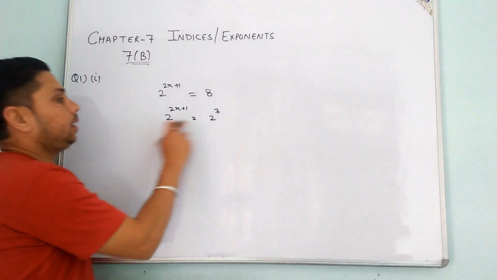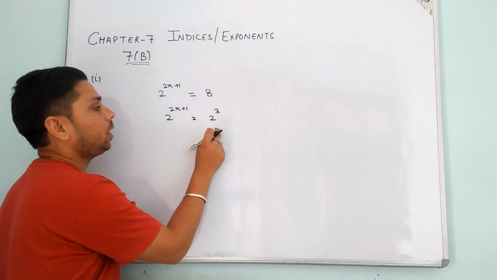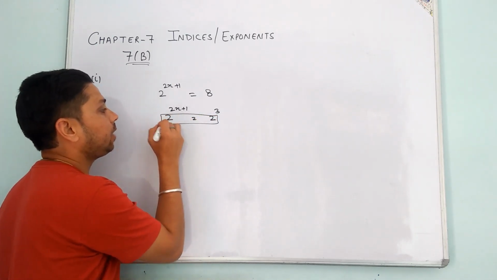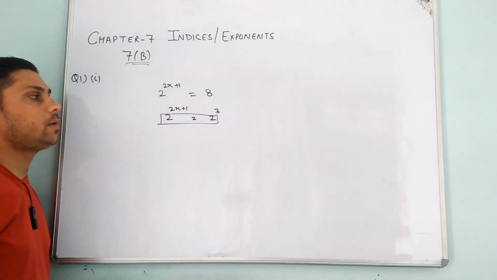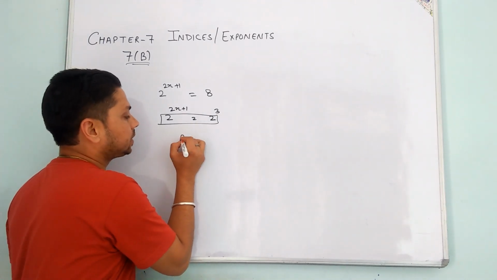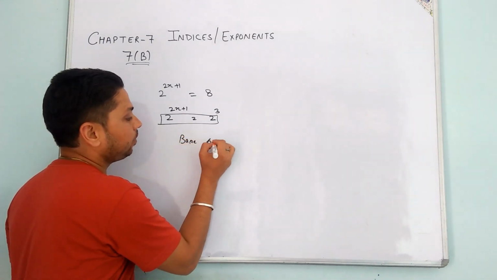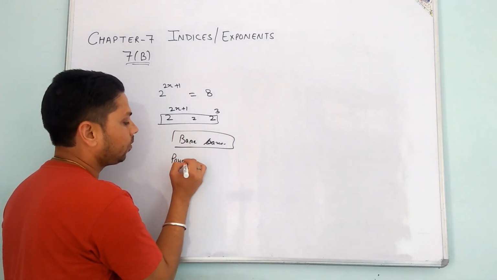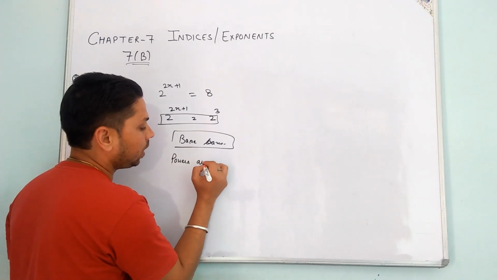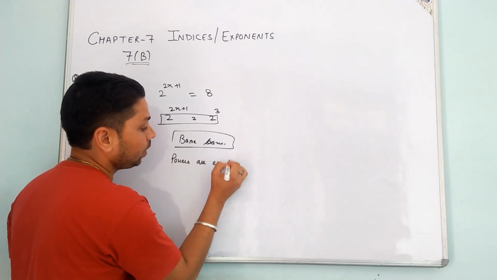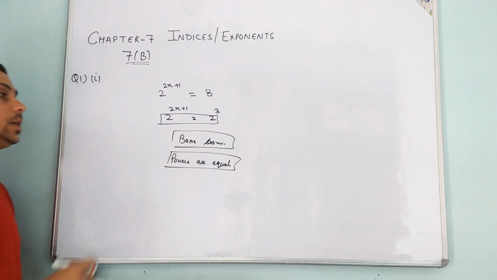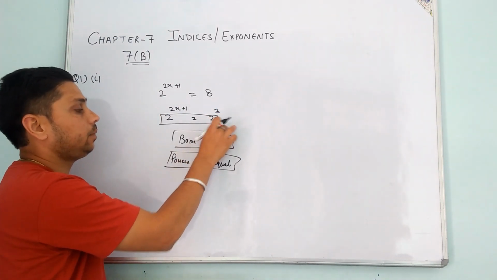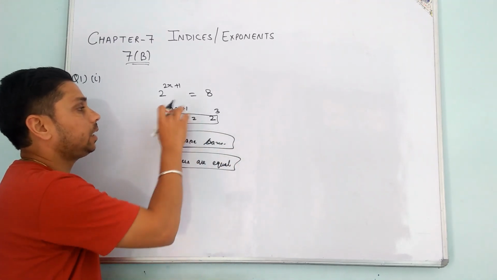Now you can see that these two terms are equal and the base are same. If base are same, then we can say that their powers will be equal. You have to understand that if two things are equal and their base are same, then their powers are equal.